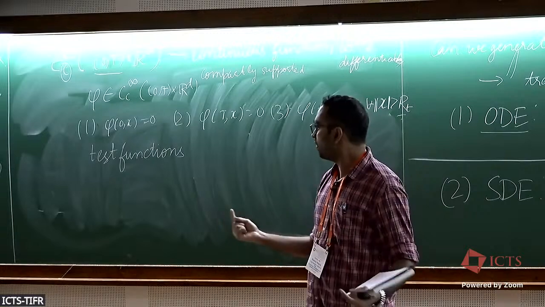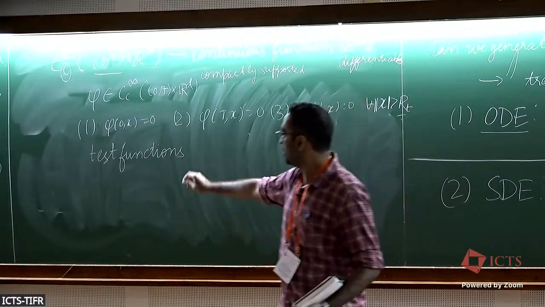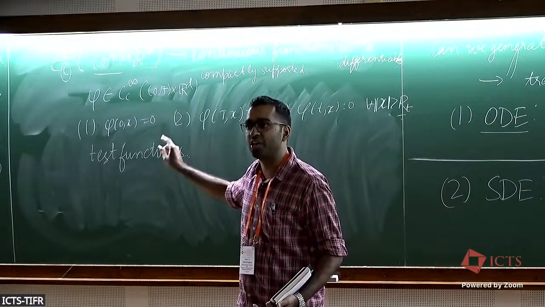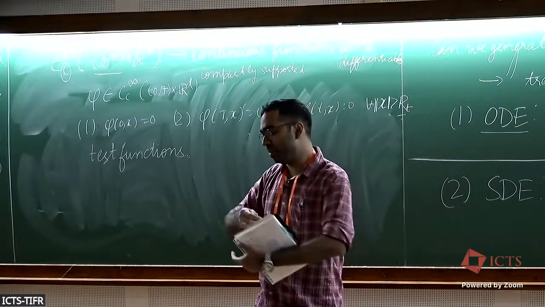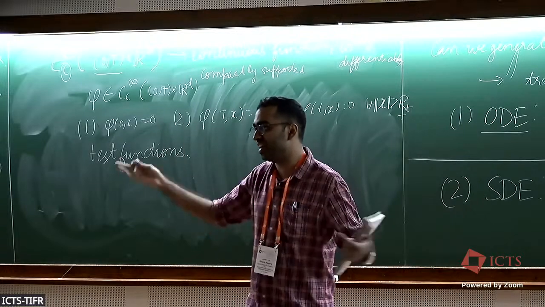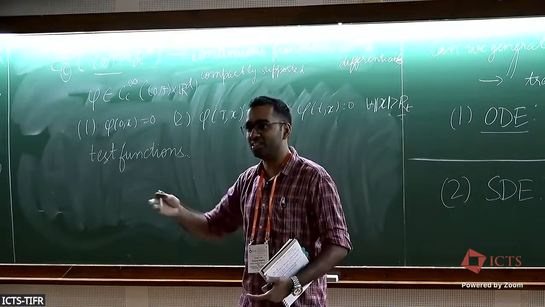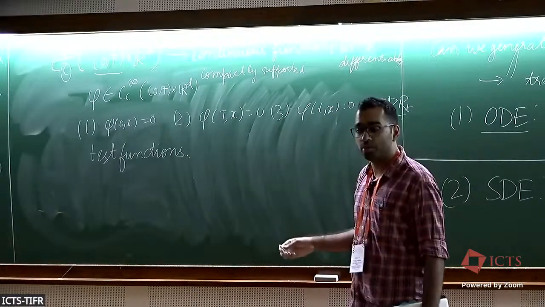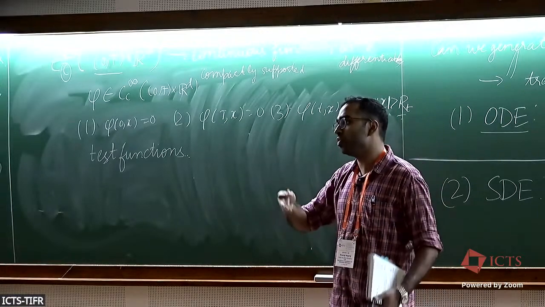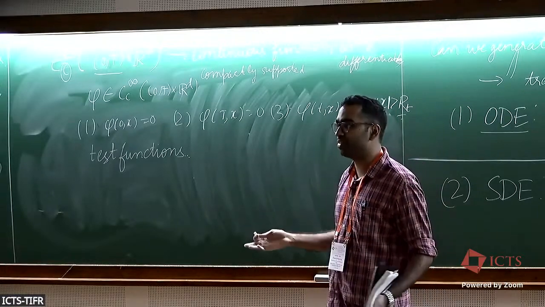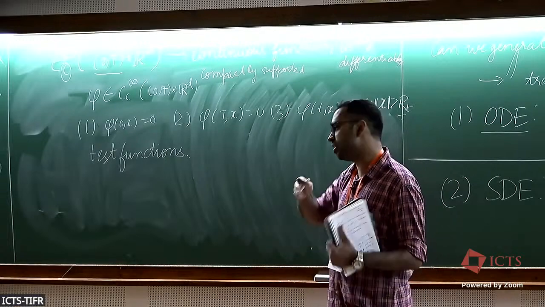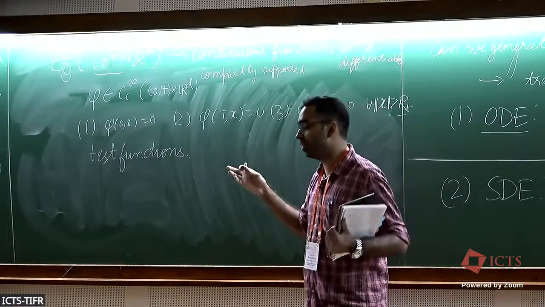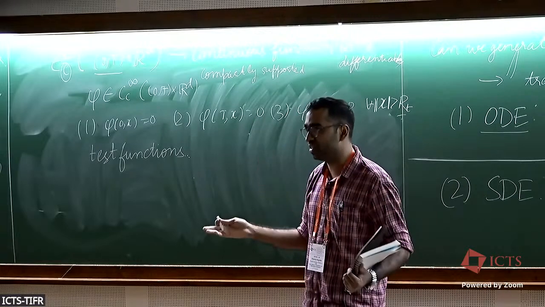It's literally not a function, but test function theory allows us to interpret it as a functional. Similarly, physicists used to go around differentiating Dirac delta and got minus delta prime of something. So that again should be interpreted. How do you differentiate something which is infinity? You differentiate it by treating it as a generalized function.